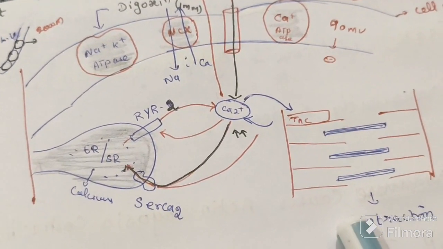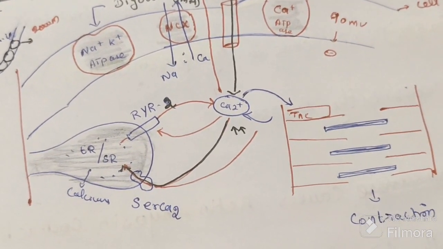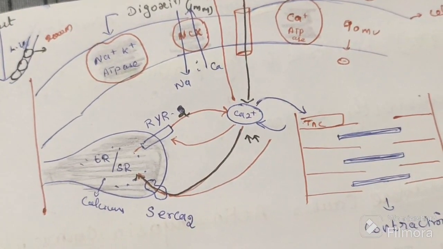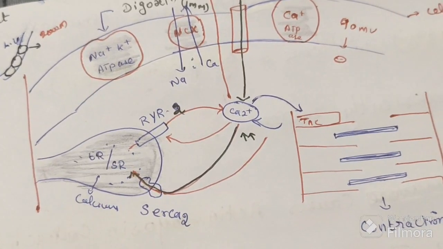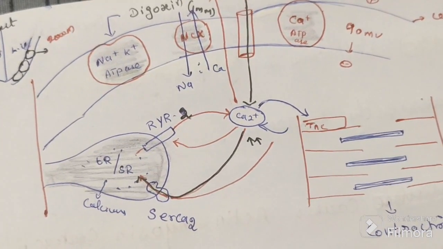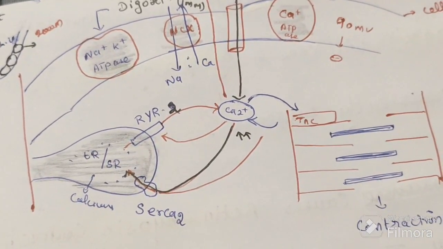How does diastole take place after that? Once the systole is over, what will happen?